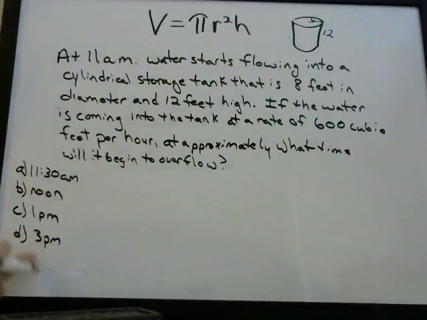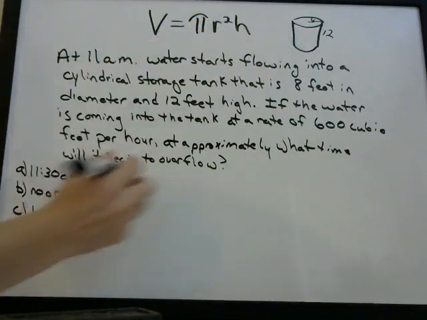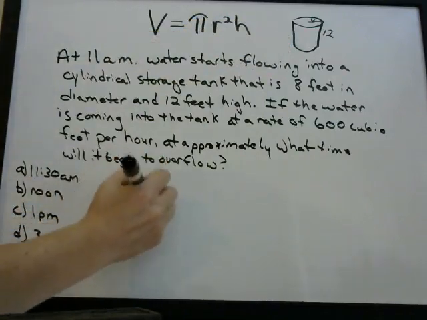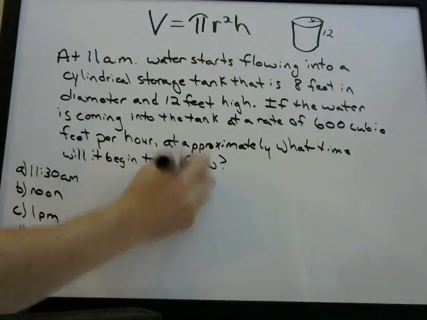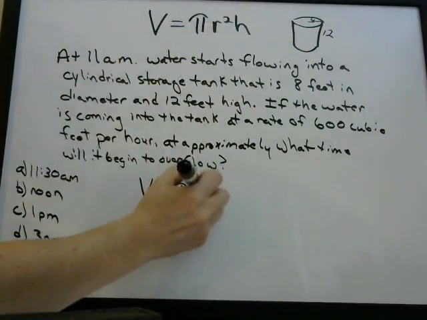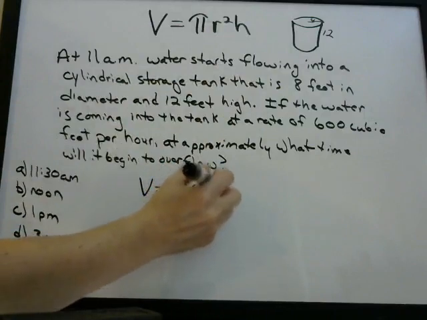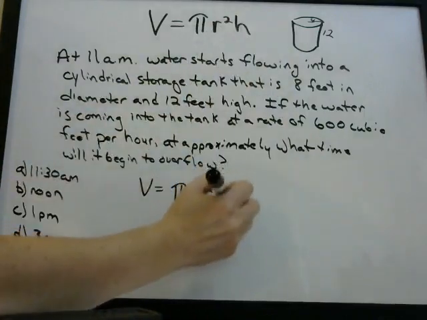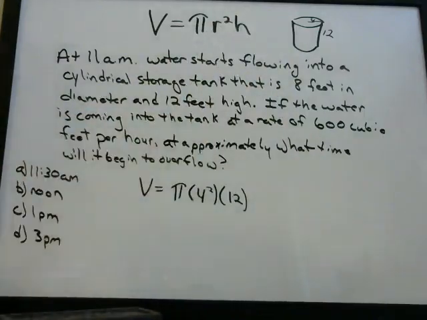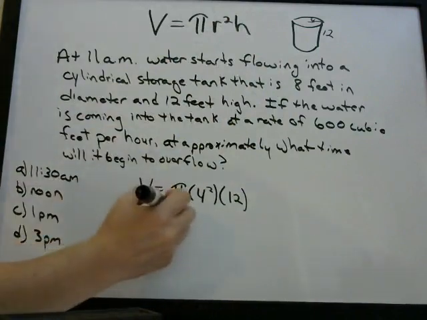And these are the possible answers over here that we're going to get to choose from. The volume is pi r squared. 4 is our radius, right? Half of 8, 4 squared, and times height, which is 12. So pi 4 squared times 12.